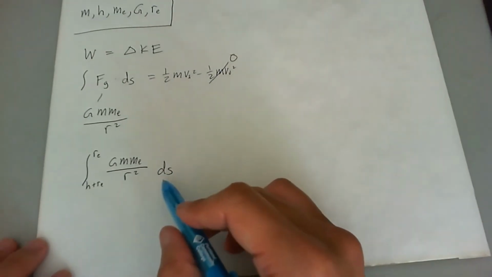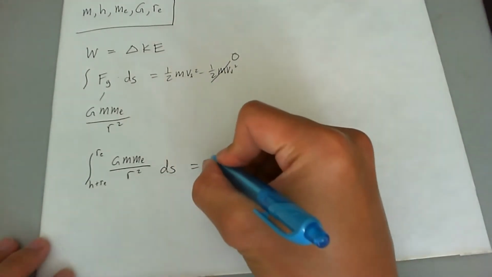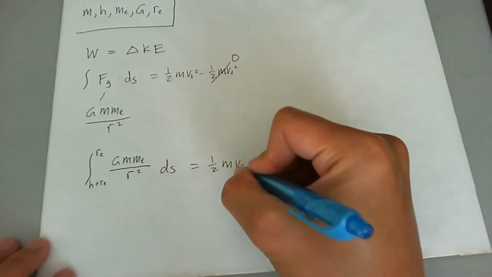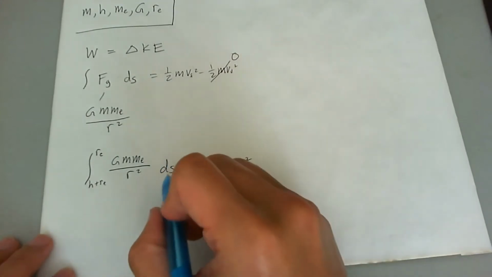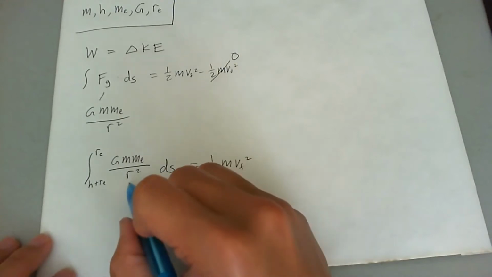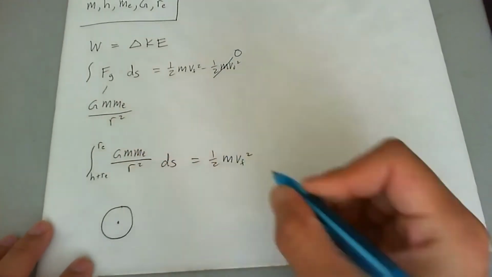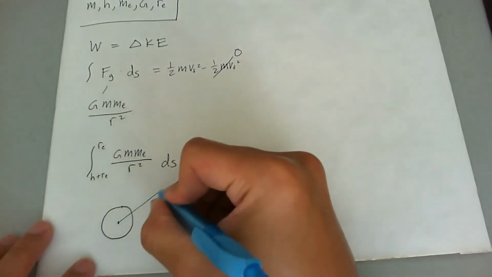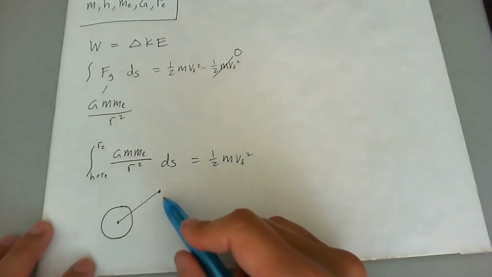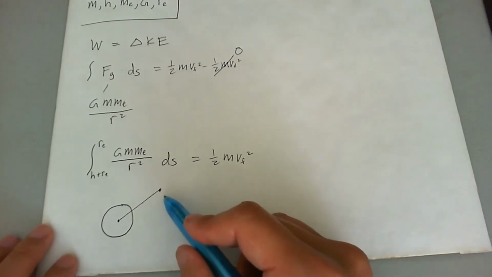Now, I'm not comfortable with this yet, because we have this in terms of ds, while this is in terms of r. Looking at the picture here, you have this diver way up here, and this is an exaggeration, obviously.